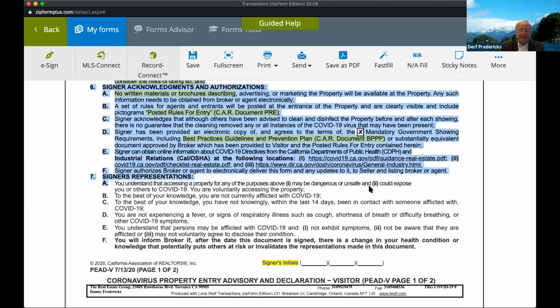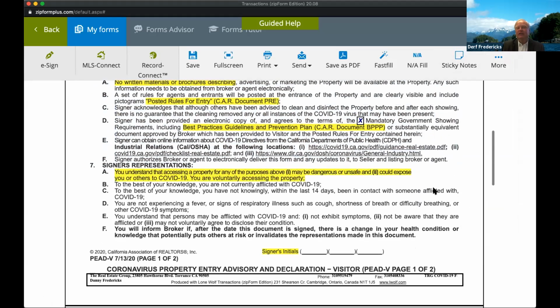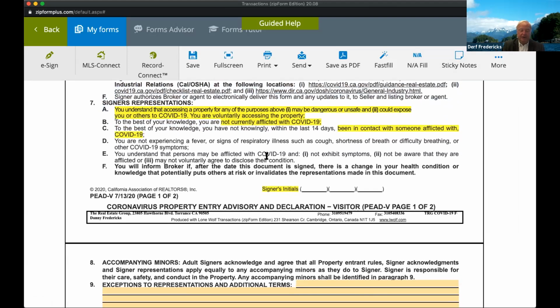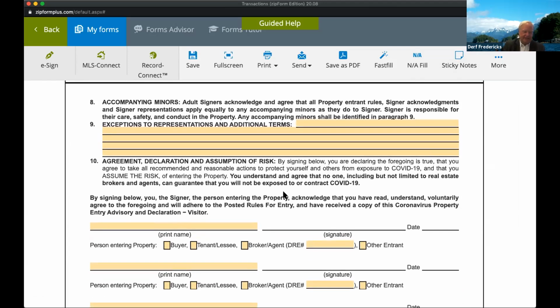Also, it states that if any minors are accompanying you, that you are responsible for them and that you are going to list their names in that PEAD-V. So all of this comes with the buyer when you're showing property, this PEAD-V for visitor. Lastly, it states that you understand these 4 papers and that you voluntarily agree to them by signing below, as it states there.